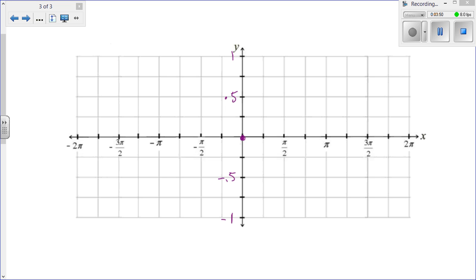At pi over 4, which would be halfway between pi over 2 and 0, I had 0.7. And then at pi over 2, we had 1. At 3 pi over 4, we had 0.7 again. At pi, we had 0.